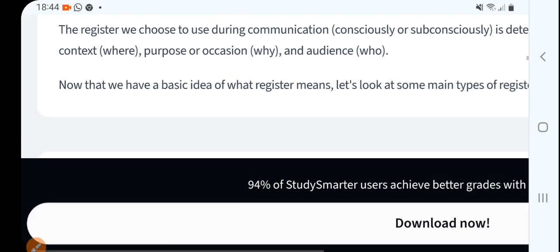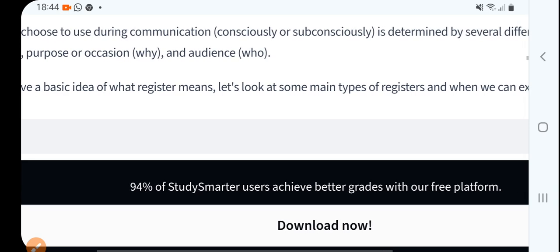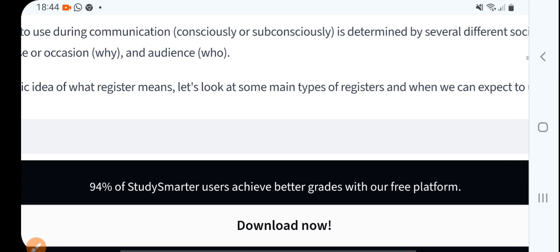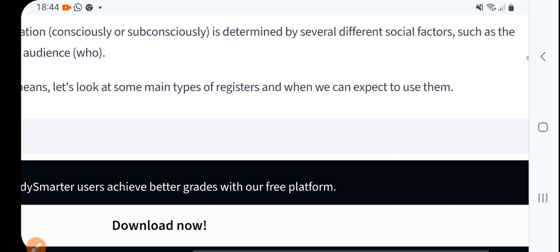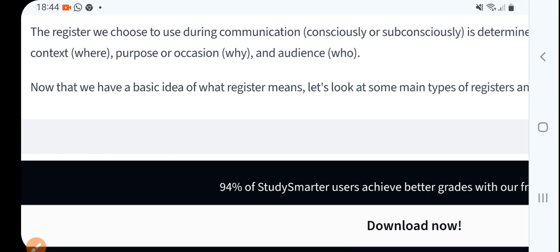Now the register we choose to use during communication, consciously or subconsciously, is determined by several different social factors, such as the context, where; the purpose or occasion, why; and the audience, who.